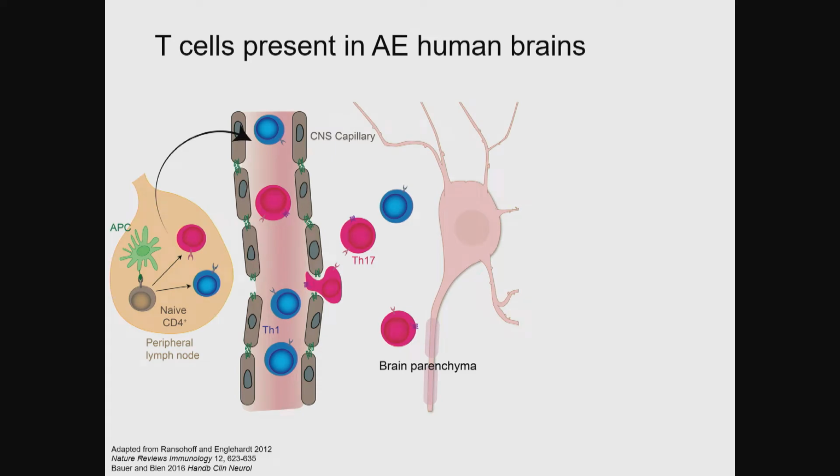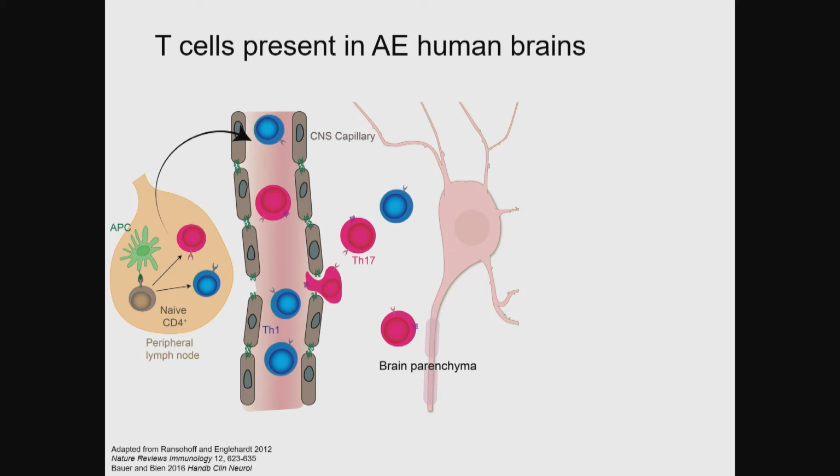The most classical presentation of a CNS autoimmune disease is multiple sclerosis. In this disease, T cells get activated targeting myelin, so targeting brain proteins present on neurons, in the periphery, in a peripheral lymph node, and then the Th1 and the Th17 cells that circulate secrete cytokines.